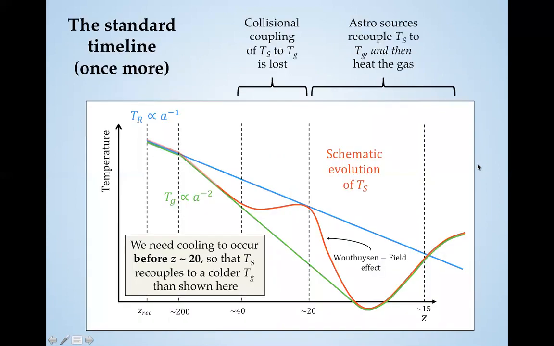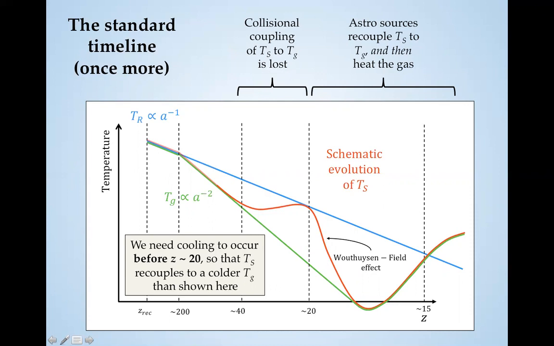So to get a better idea of how that sequence fits into cosmic history, let's return to the standard timeline. Here it's being presented slightly differently than before in order to emphasize how the individual temperatures are evolving. First off, the radiation temperature, T sub r, is the CMB temperature.